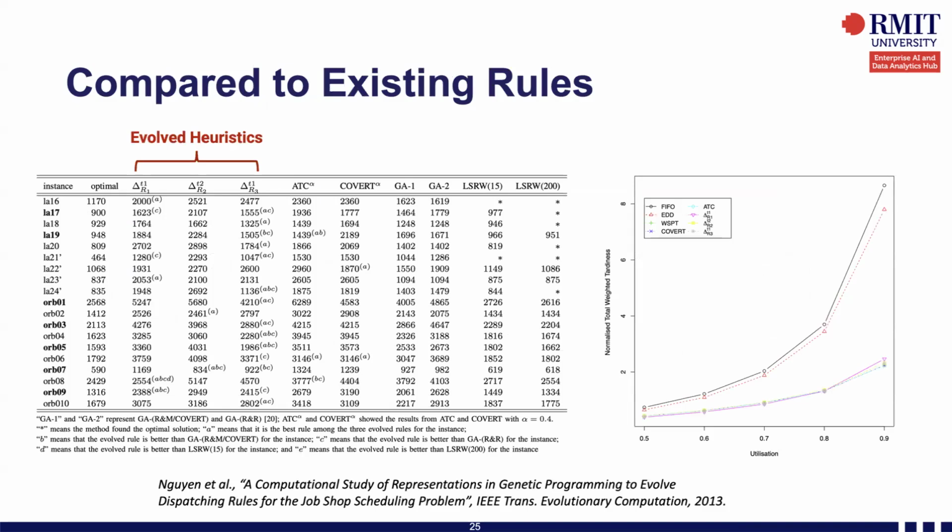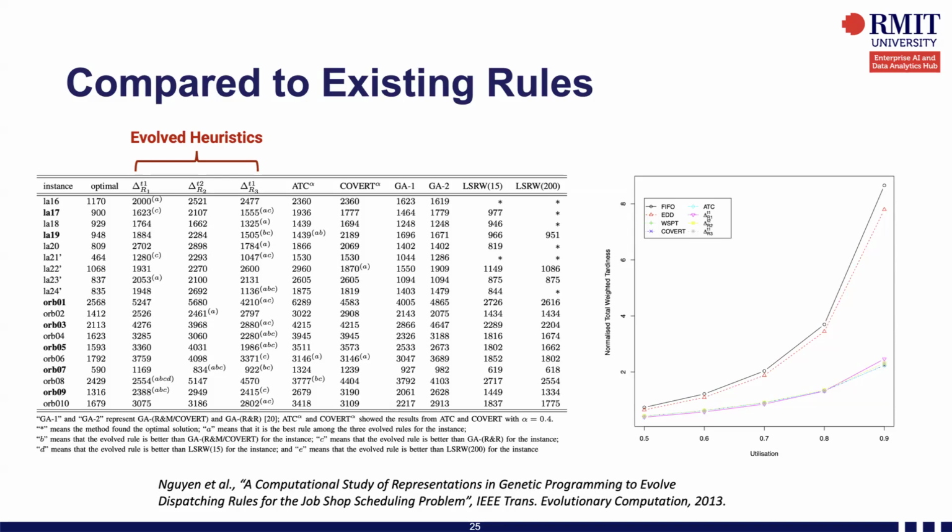All right. I'm going to move a little forward to look at the results. This is some work that was done a very long time ago. This is very much a first attempt to apply the heuristics created by genetic programming to very traditional static instances of job shop. We compare that with different dispatching rules.